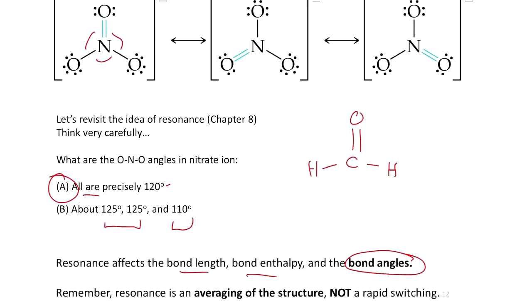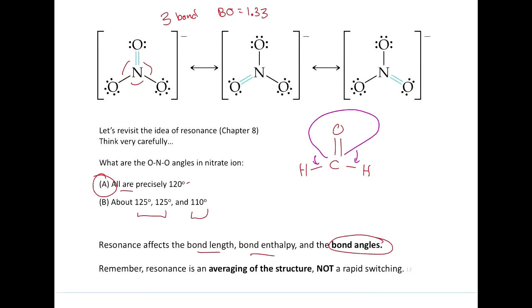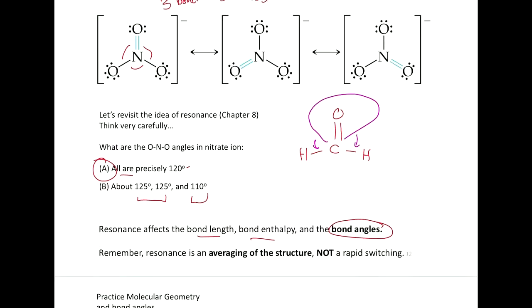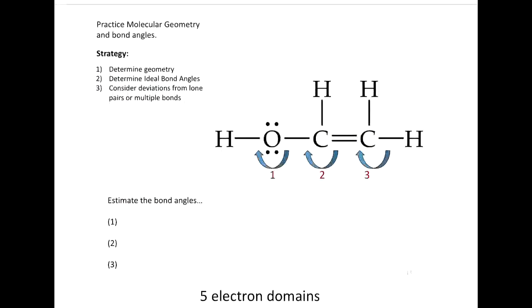So in this example, yes, that double bond does take up more room and we'll have bond angles of about 125 and 110. But in the nitrate example, because that double bond exists in 3 different places, they're all exactly the same. So in this one, there are deviations from ideal bond angles, but in nitrate, there is not. And that's because of resonance taking place here. So I tricked you a little bit, or I tricked half of you. Yes. Okay. So let's practice this.